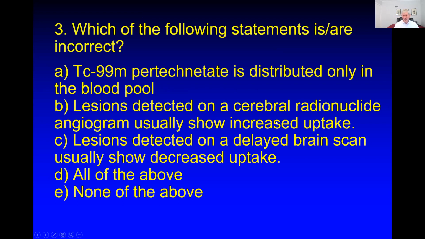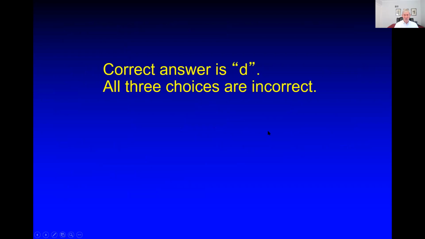Lesions detected on a cerebral radionuclide angiogram, that's a fancy way of saying a brain blood flow study, show increased uptake. False. Lesions on a delayed brain scan show decreased uptake. That is false. And so all of those are false.